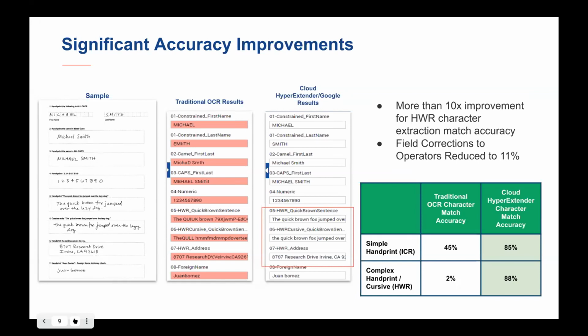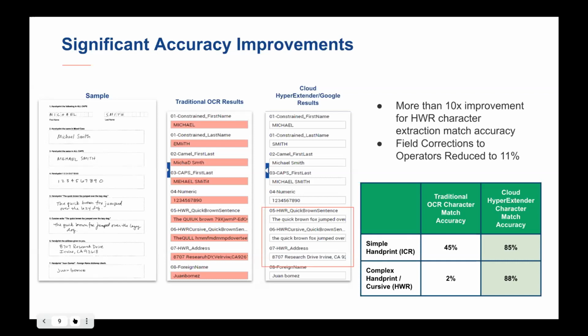We find that we get more than 10 times improvement for HWR character match accuracy, and the time operators spend correcting handwritten fields is reduced from 90% to 10%.